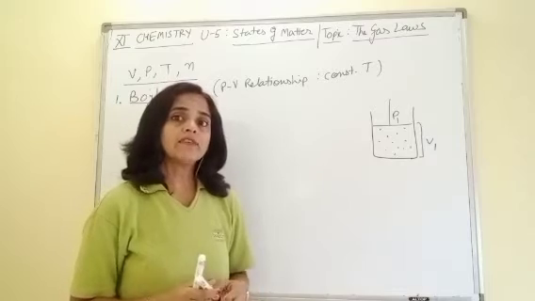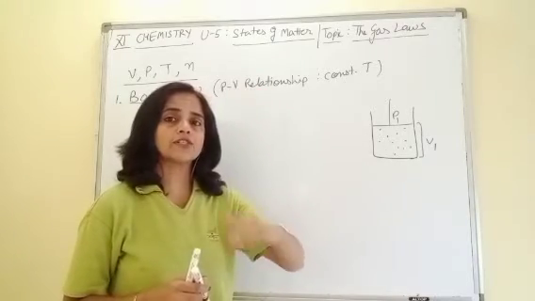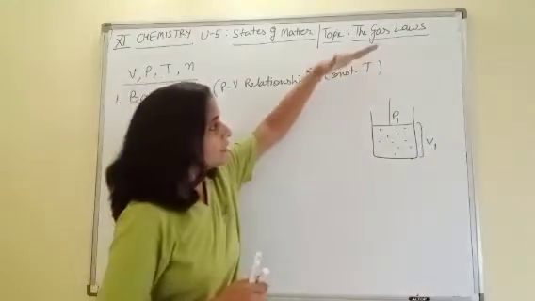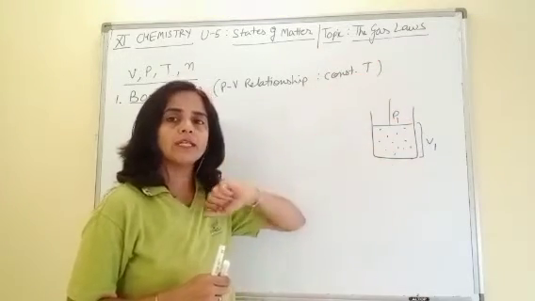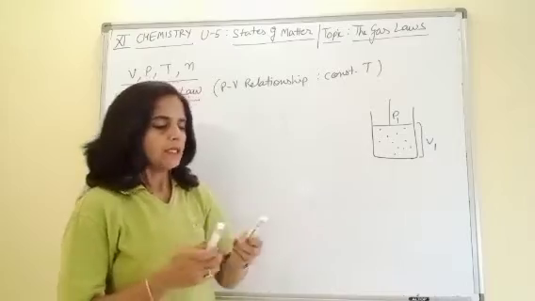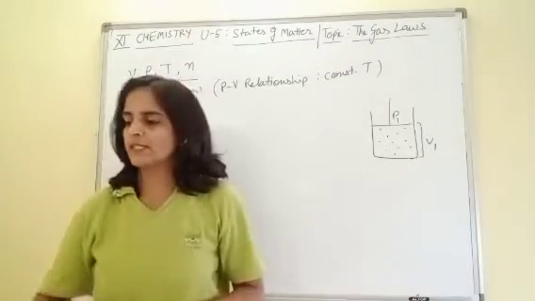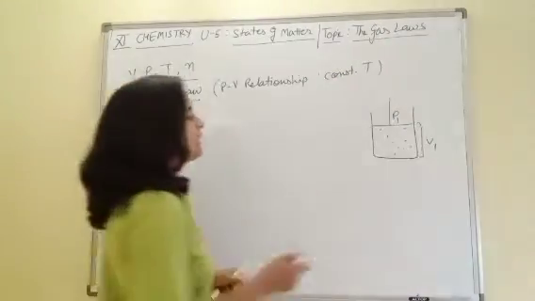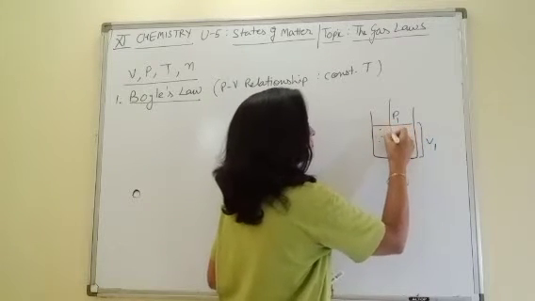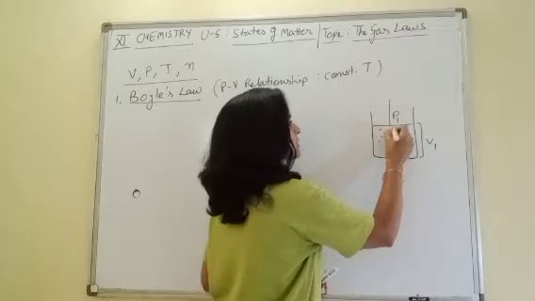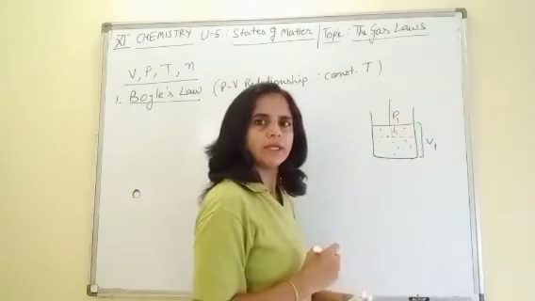Now suppose I start increasing the pressure. When I increase the pressure on the piston, the piston will start moving in downward direction. Let this be the new position of the piston after applying pressure. This is the direction of movement.